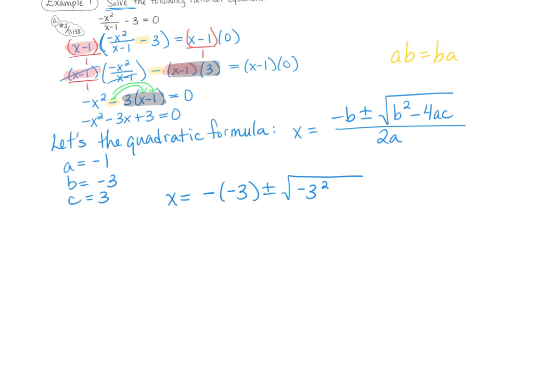Parentheses around what? Negative 3. Okay, good. Minus 4 times negative 1 times what? 3, good. All of that over 2 times negative 1.